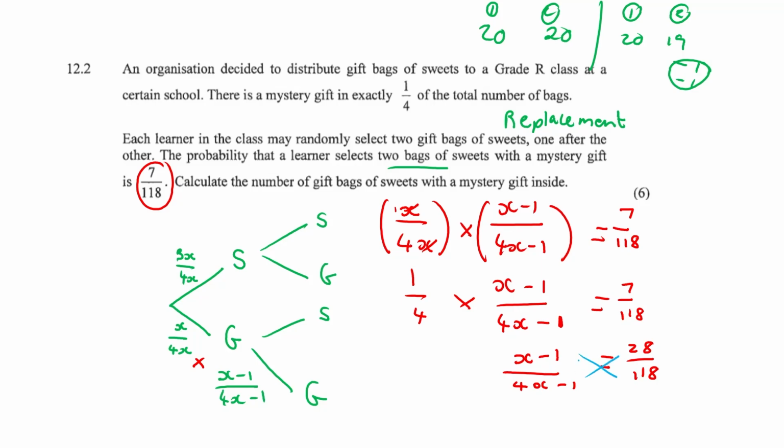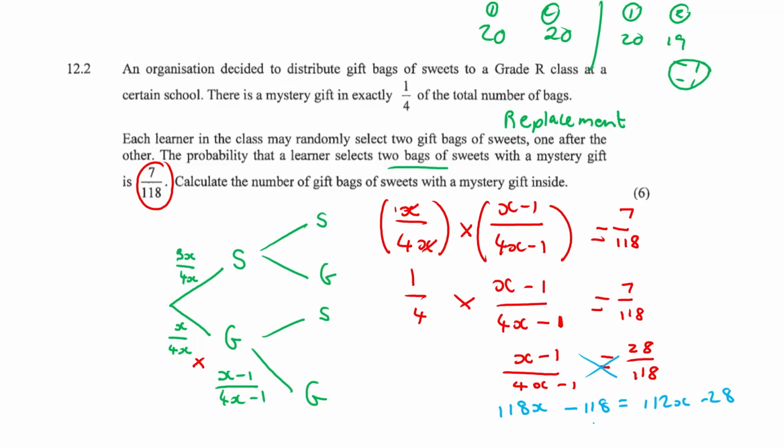So x minus 1 times 118. So 118 times x is 118x. 118 times negative 1 is minus 118. 28 times 4x is equal to 112x. 28 times negative 1 is negative 28. This positive 112x, we take it over to the left-hand side.